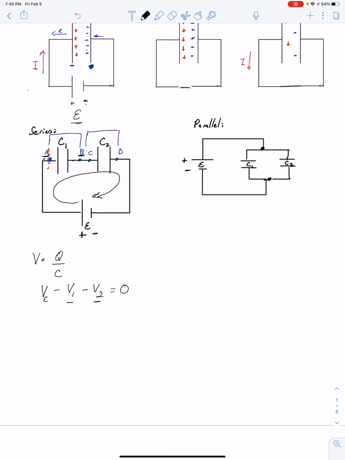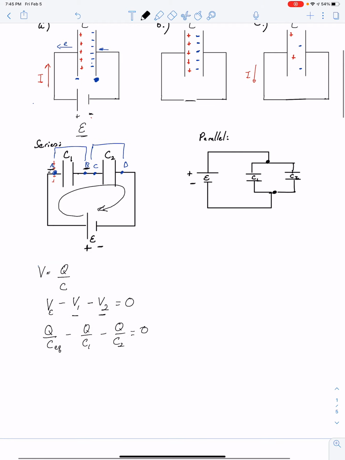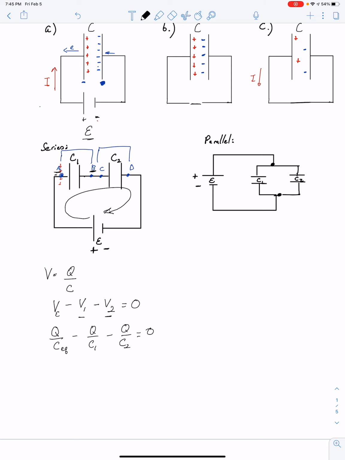If we change the equation to represent, since voltage is changing, Q over C, which is the capacitance of the entire system, minus Q over C1 minus Q over C2, you'll notice that since Q is constant, you can cancel these out, and the only thing left is this equation.